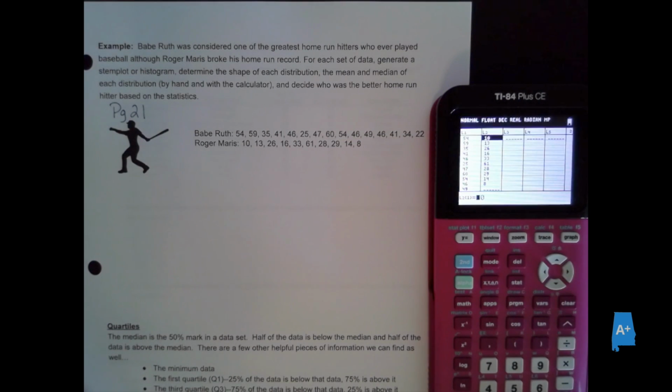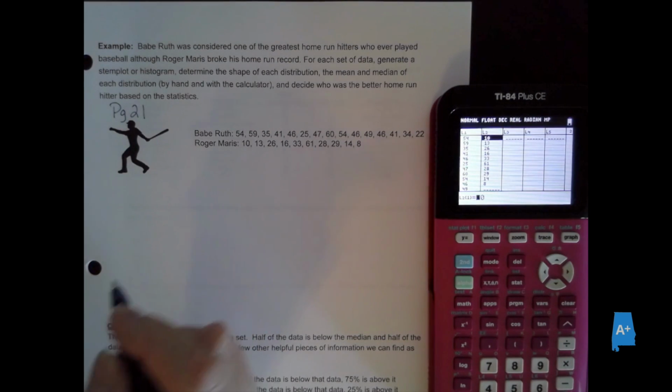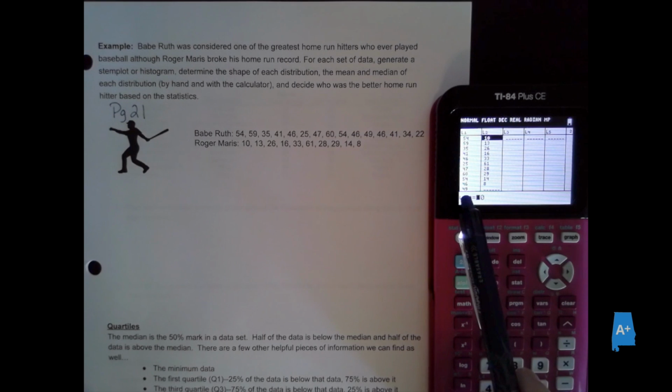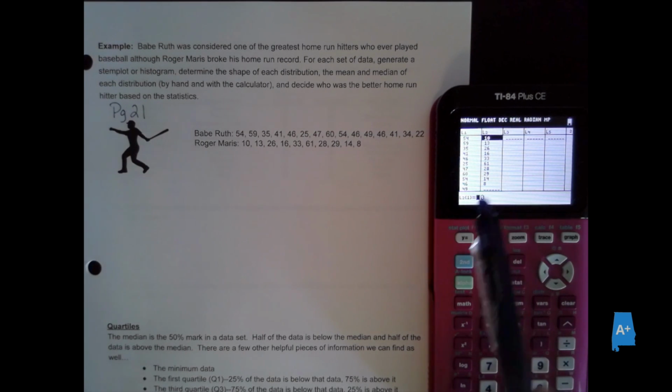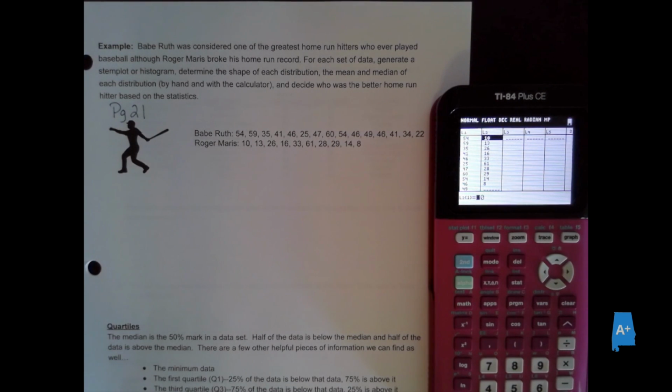I'd like for you to, right now, put both data lists in your calculator like I have, and set up your stem and leaf plot so that you can do a back-to-back stem and leaf plot. And let's put Babe Ruth on the left, and let's put Roger Maris on the right.